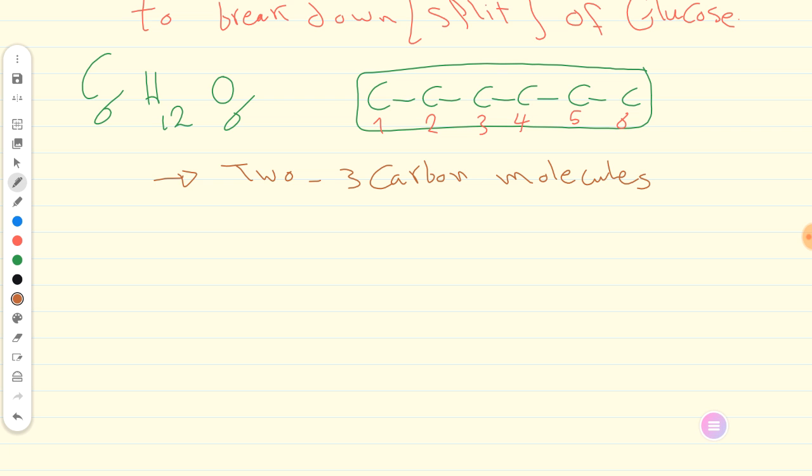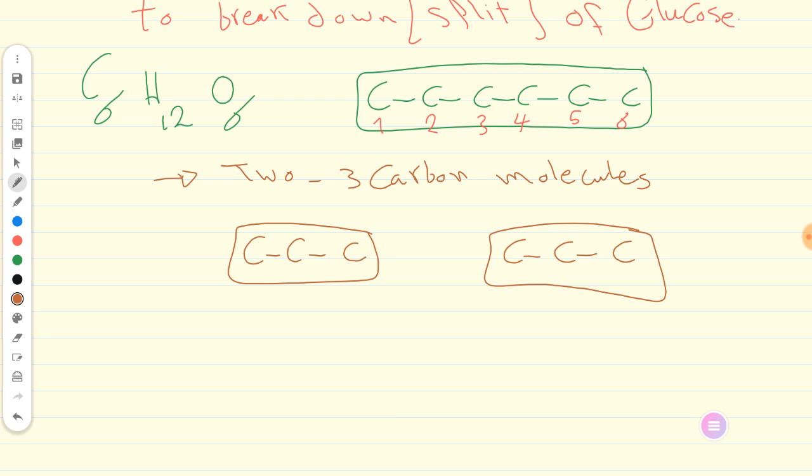So we have now one molecule with 3 carbon atoms and the other one with 3 carbon atoms: 1, 2, 3, 1, 2, 3. So the splitting of one molecule of glucose during glycolysis inside the cytoplasm produces two 3-carbon molecules.